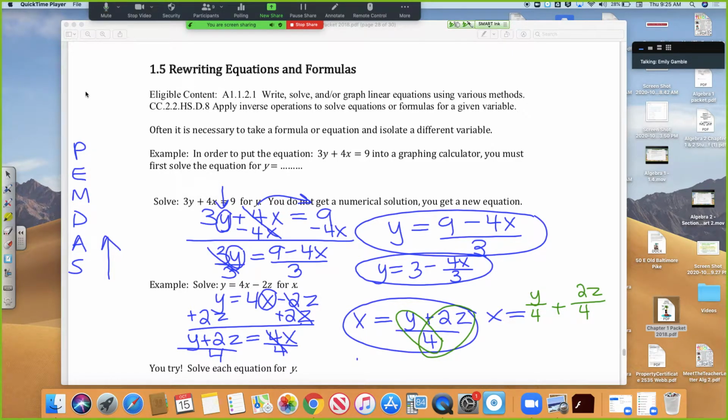Like this. But 2z over 4 can be simplified because 2/4 can be simplified to be 1 over 2. So you could basically simplify 2/4 z by dividing 2 out from each one. 2 divided by 2 is 1, 4 divided by 2 is 2. So this will end up being just 1z over 2 as the simplified answer.